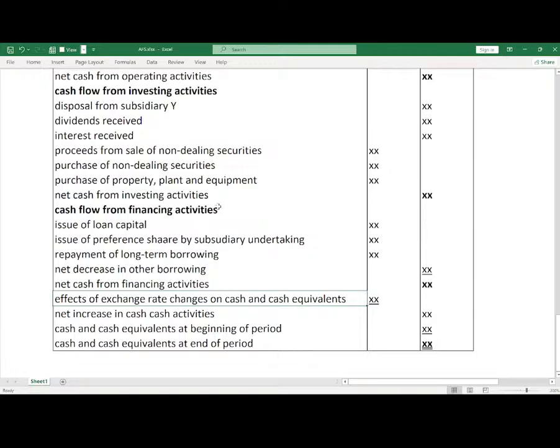Then you have the effects of exchange rate change on cash and cash equivalents, so that now you can have the total net increase or decrease in cash equivalents. Then you have to add the cash and cash equivalents at the beginning of the period. So as you can see, the cash flow from investing and financing activity are more or less the same as that of the non-financial enterprises.